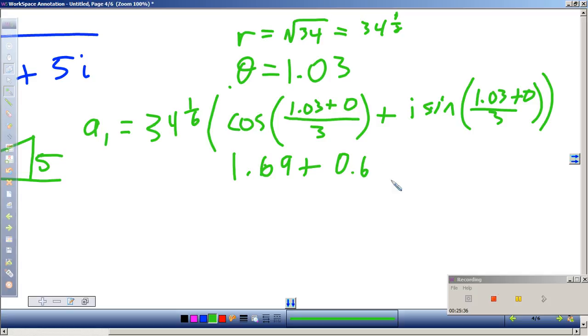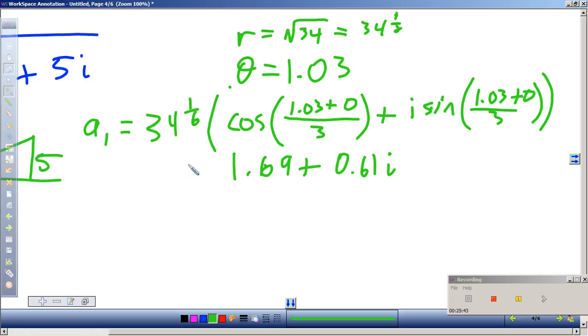So we get 1.69 plus 0.61i. Is that what you guys are getting? Yes. So what we did is just take 34 to the 1/6 and multiply it by each one of these parts.